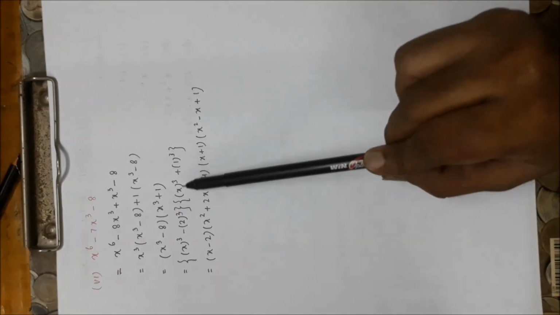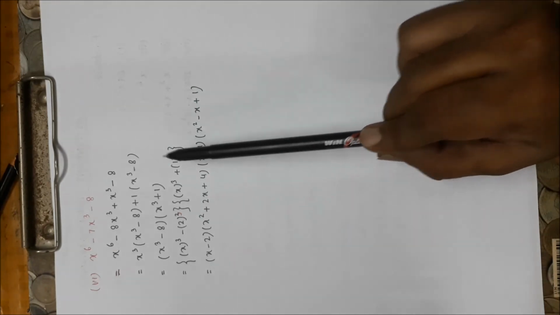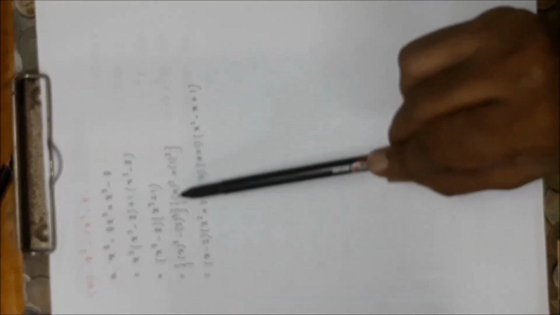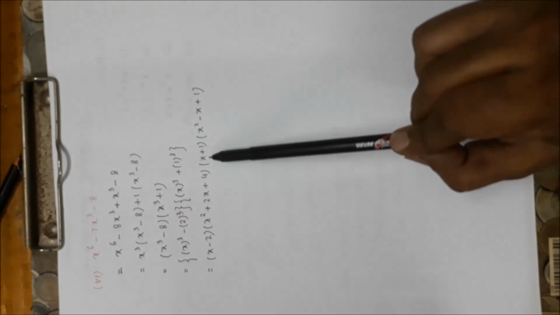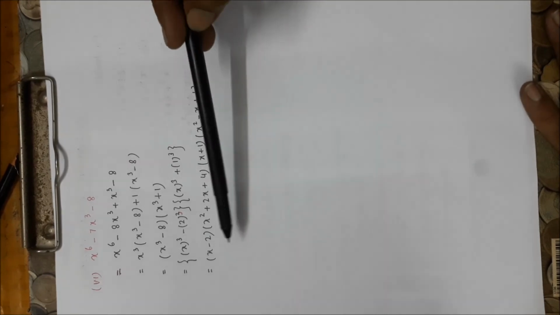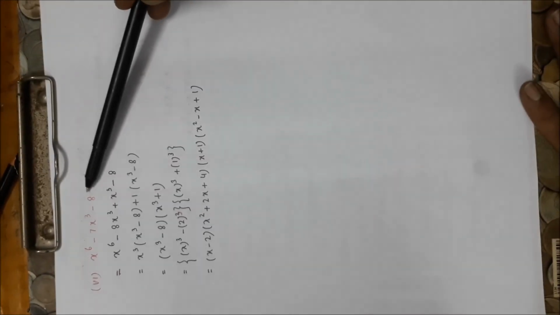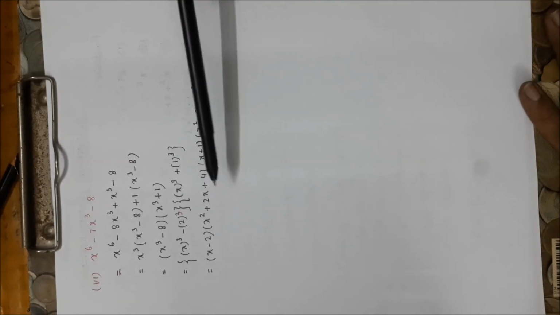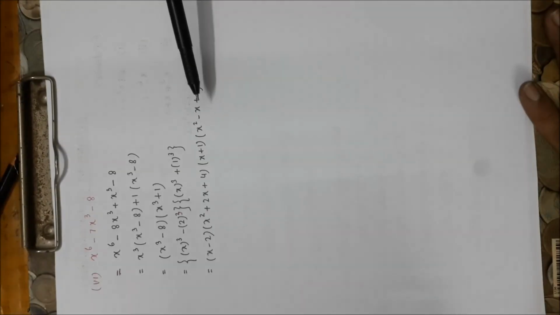And x cube plus 1 can be written as x cube plus 1 cube. So here we are using the formula of a cube plus b cube, which equals x plus 1 into x square minus x plus 1. So the factors of the given expression are x minus 2 multiplied by x square plus 2x plus 4 into x plus 1 into x square minus x plus 1.